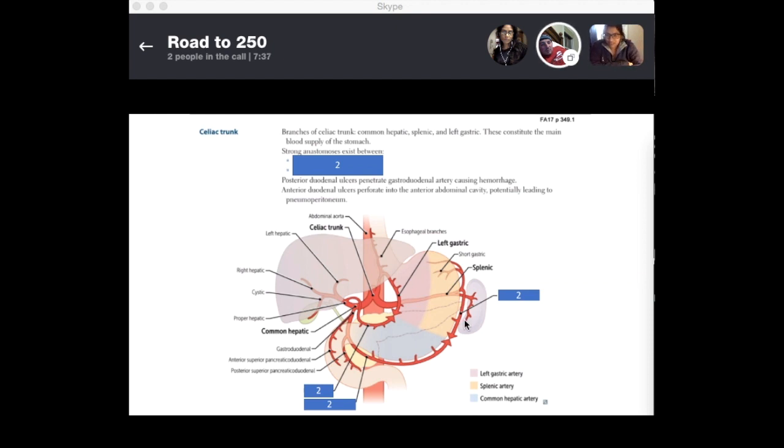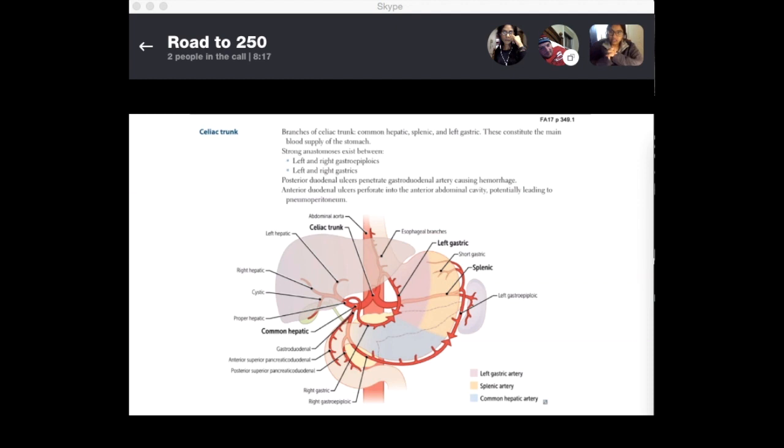But the other ones, you can see where the left gastric connects to another side. Right and left gastric? Yes. It's going to be our left and right gastroepiploics and left and right gastrics. Pure and simple there. With our left and right gastrics being on the lesser curvature and left and right gastroepiploics being on the greater curvature.